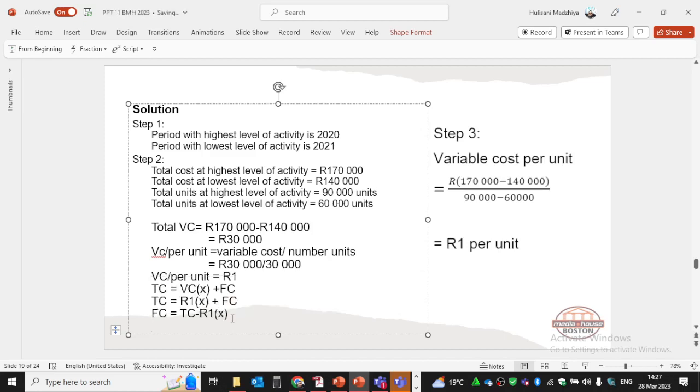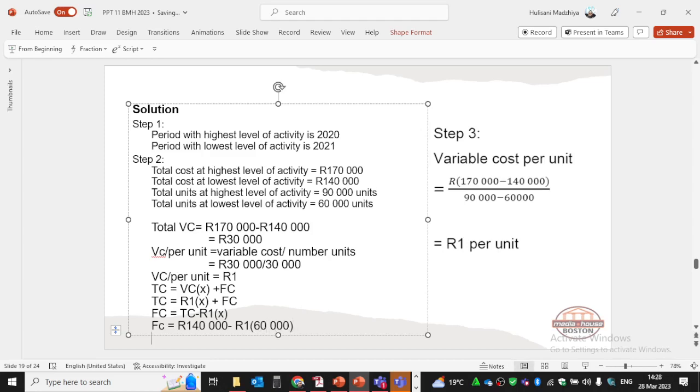So let's start by using the lowest activity. If we use the lowest activity, fixed cost equals the lowest activity total cost, which is 140,000, minus 1 rand, open bracket X. X represents the number of units that were produced, so that will be the lowest activity, which is 60,000.